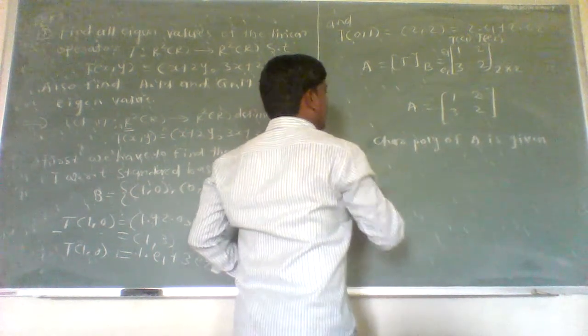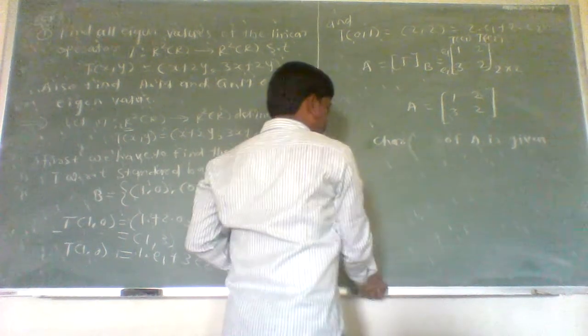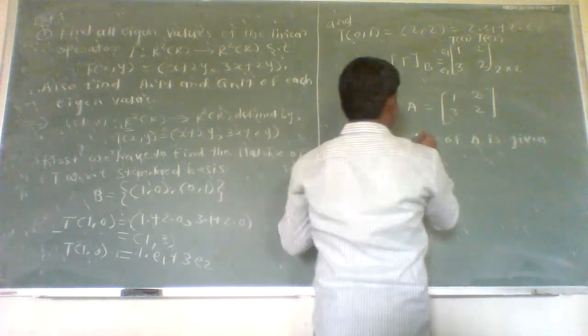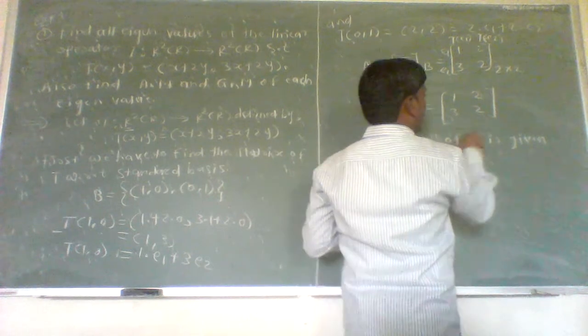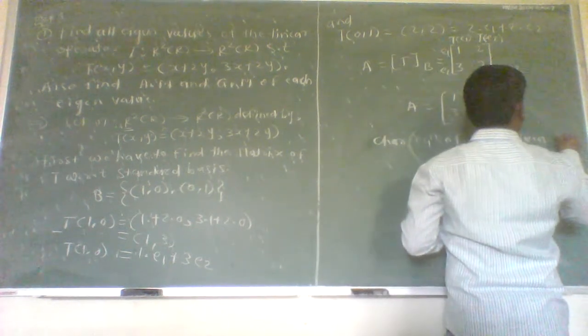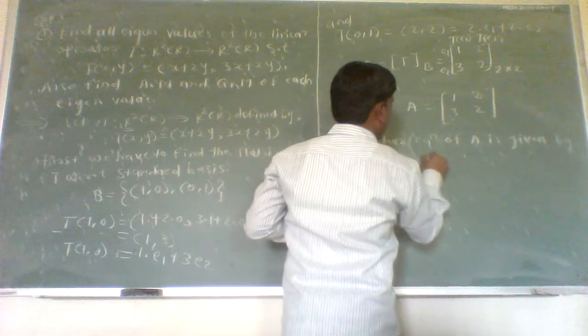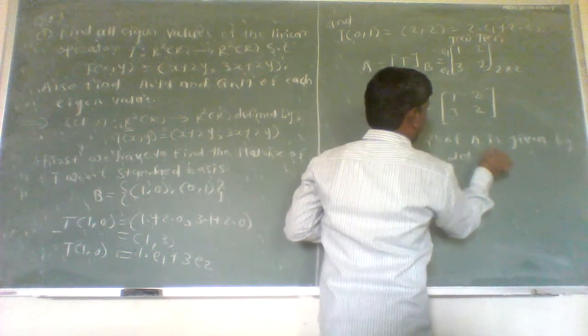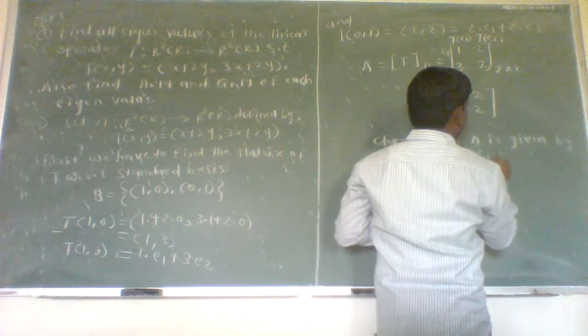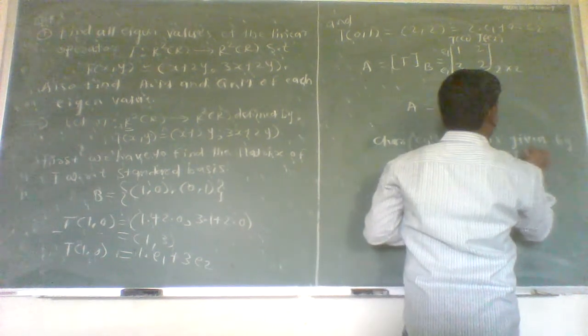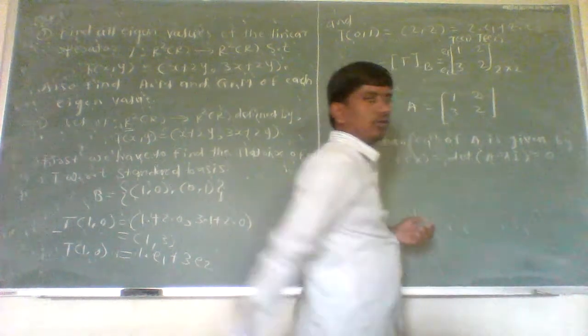Instead of characteristic polynomial, let us say characteristic equation, then we can find its roots easily. The characteristic equation of A is given by f of lambda equal to the determinant of (A minus lambda I) equal to 0.